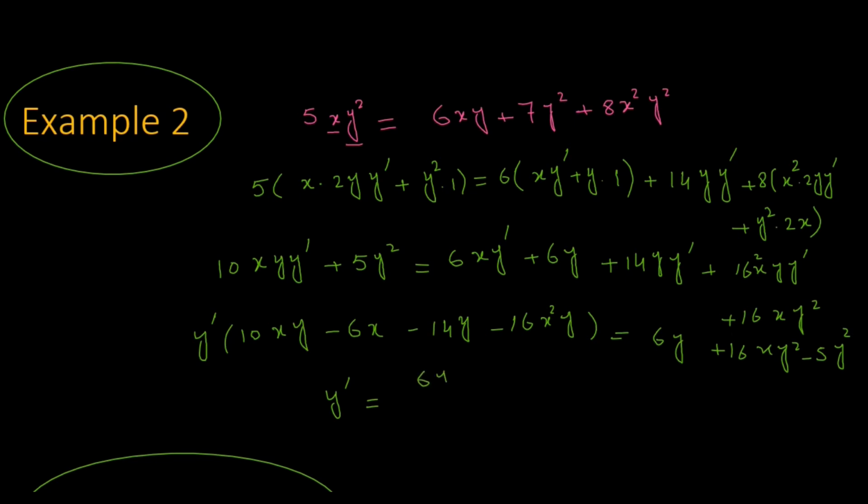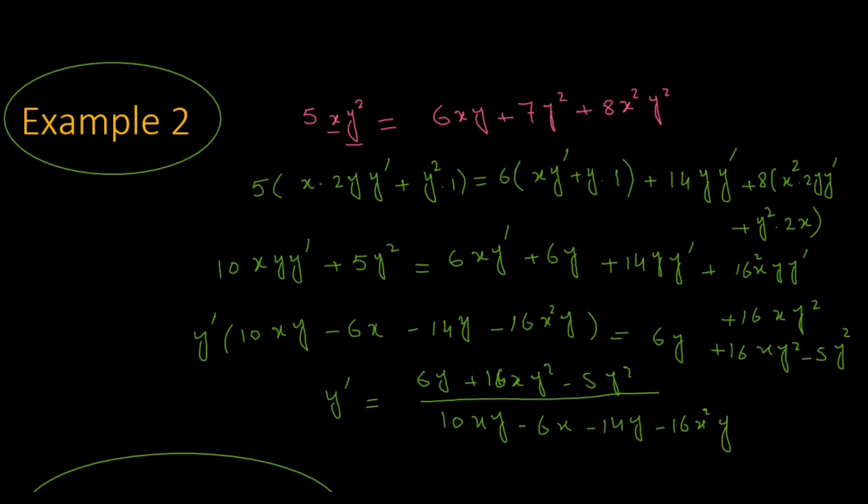So we will write 6y plus 16xy square minus 5y square, divided by 10xy minus 6x minus 14y minus 16 x square y. So this is the way how to apply the product rule.